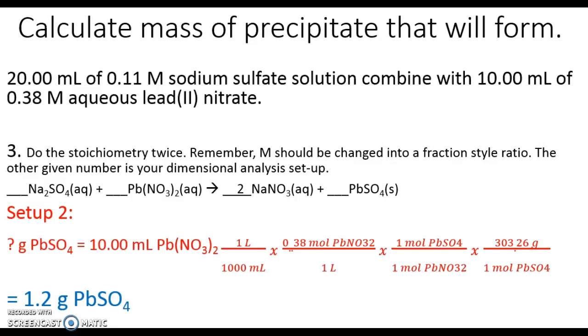Now I'm going to do the same thing, but this time with the other dimensional analysis setup. So solving again for grams of lead 2 sulfate, but this time starting with my 10 milliliters of lead 2 nitrate.